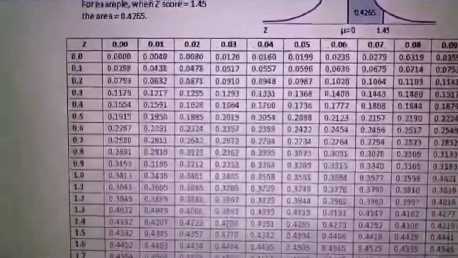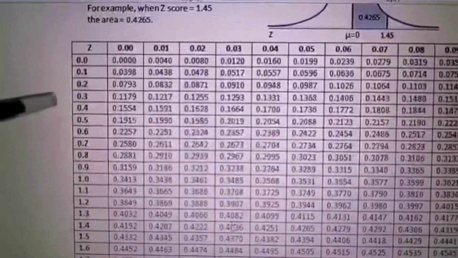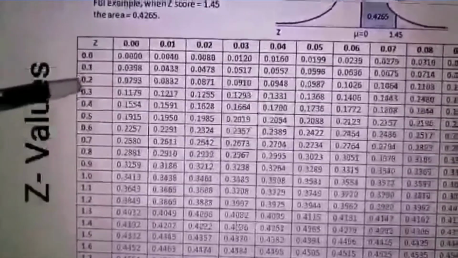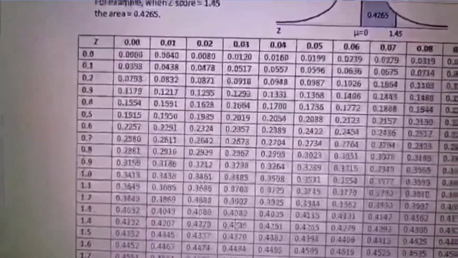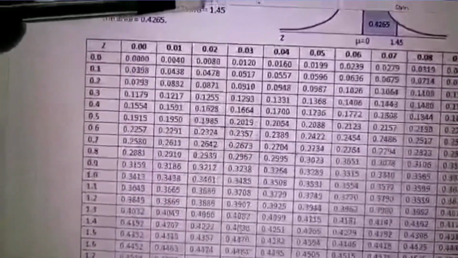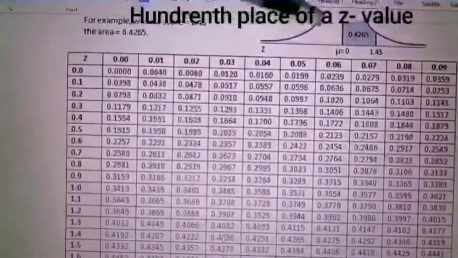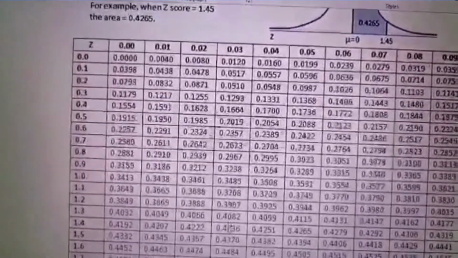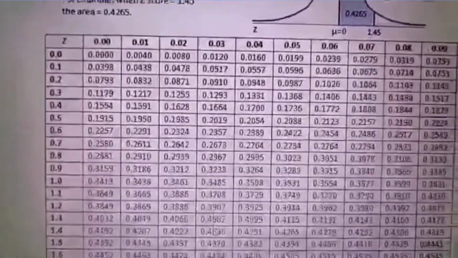So, ito pong nasa left side, itong first column na ito, that is the Z values. And yung nasa taas naman po, that is the hundredths place of the Z values.